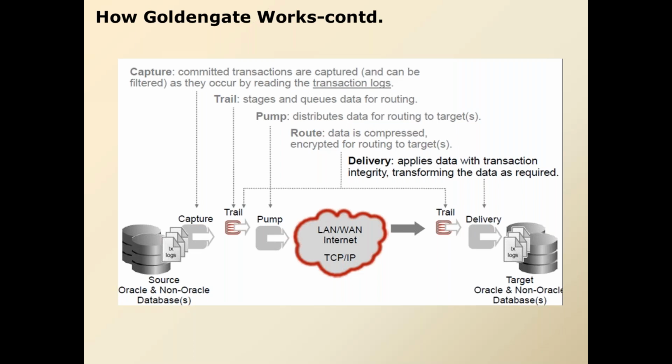Once the transactions are captured, it writes them to the local machine, into the local trail file. The trail file residing on the local machine is called the local trail.